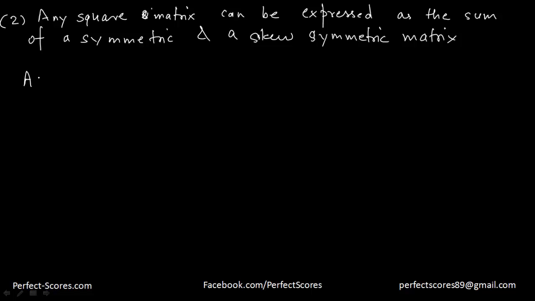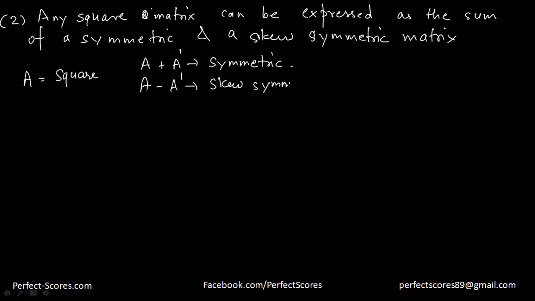We're going to assume, let's suppose there is a matrix A, which is a square matrix, and we want to say that this A can be expressed as the sum of a symmetric matrix and a skew symmetric matrix. Now I know that A plus A transpose is a symmetric matrix, something that we know from the previous theorem, and A minus A transpose is a skew symmetric matrix, right?